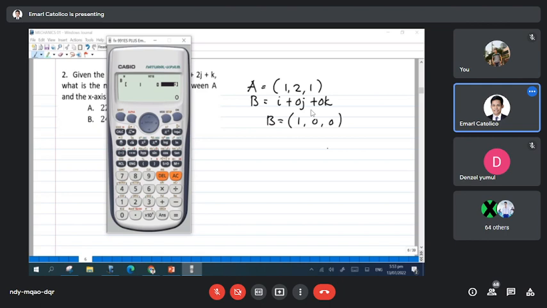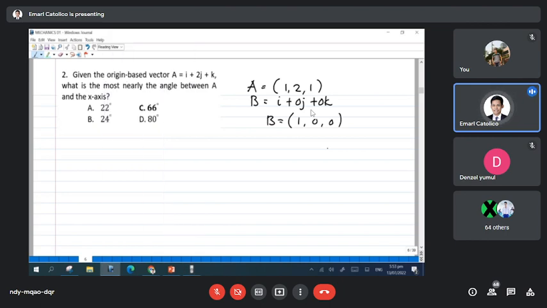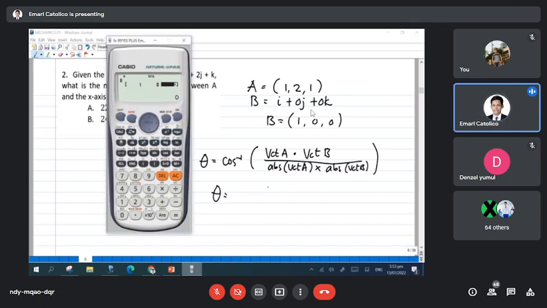Okay. So, since angle lang naman ang hahanapin, cosine inverse lang gagamitin natin. Cosine inverse of vector A dot vector B all over absolute of vector A multiplied by the absolute of vector B. Since na-store mo naman na, direct sub na lang yan sa calculator. Tama ba yung vector B?